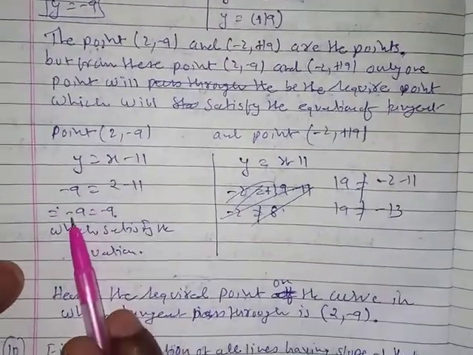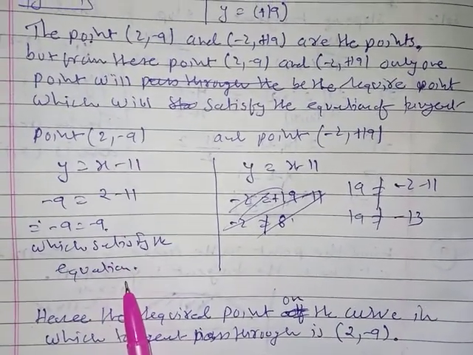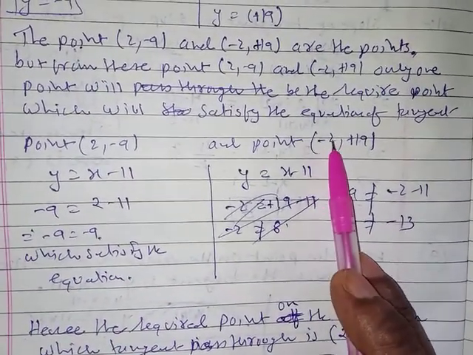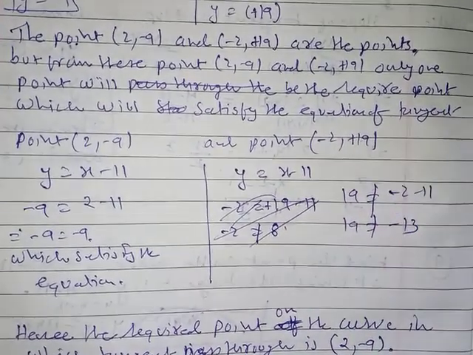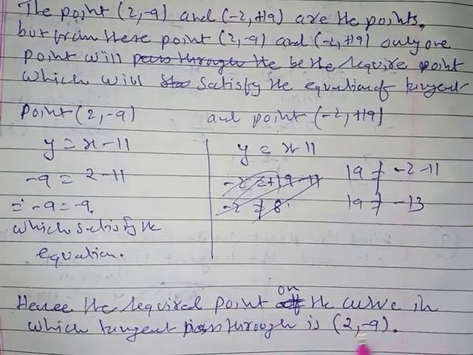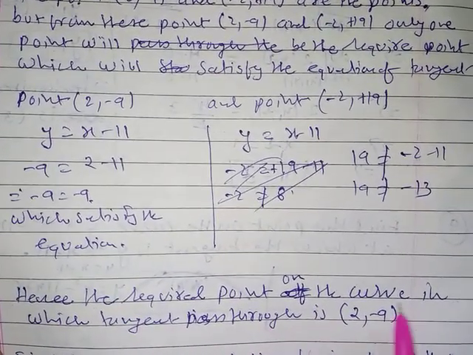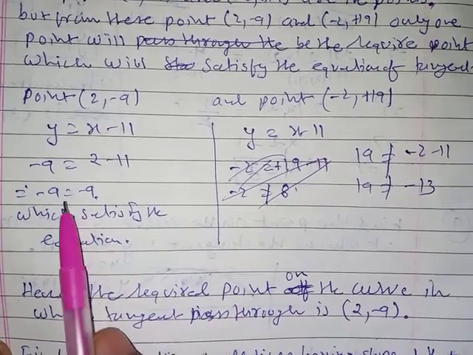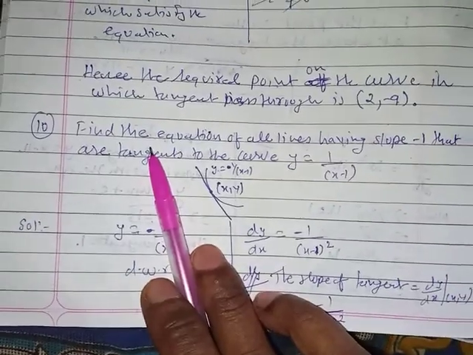You will get LHS minus 9, RHS minus 9, which satisfies the equation. And if you substitute minus 2, plus 19, it will not be satisfied. So hence the required point on the curve through which the tangent is passing will be 2, minus 9.